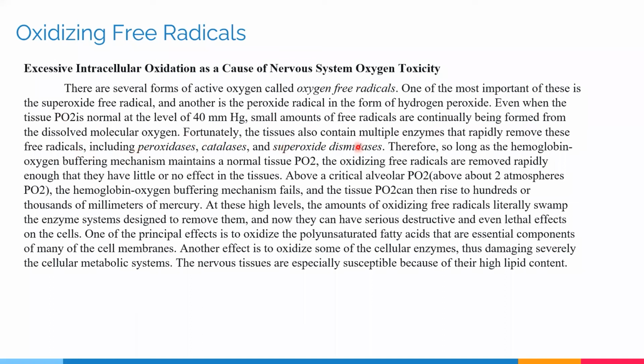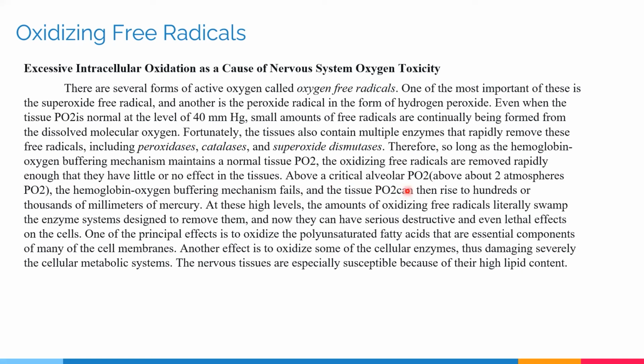Fortunately, the tissues also contain multiple enzymes that rapidly remove these free radicals, which include peroxidases, catalases, and superoxide dismutases. Therefore, so long as the hemoglobin oxygen buffering mechanism maintains a normal tissue PO2, the oxidizing free radicals are removed rapidly enough that they have little or no effect in the tissues.